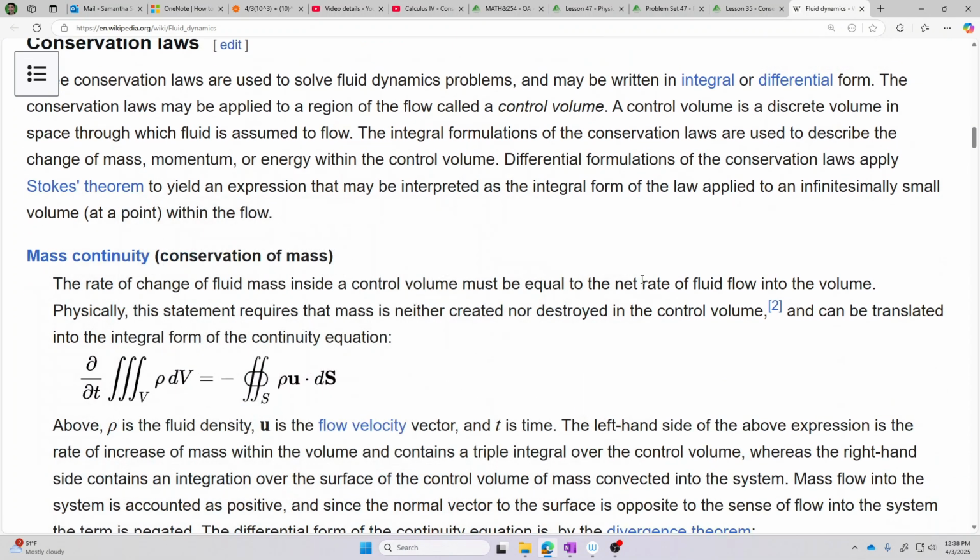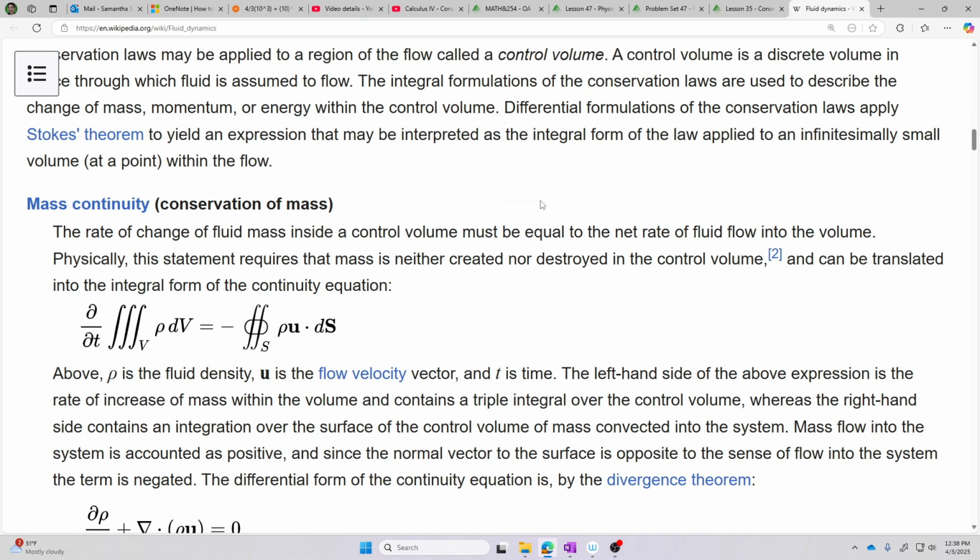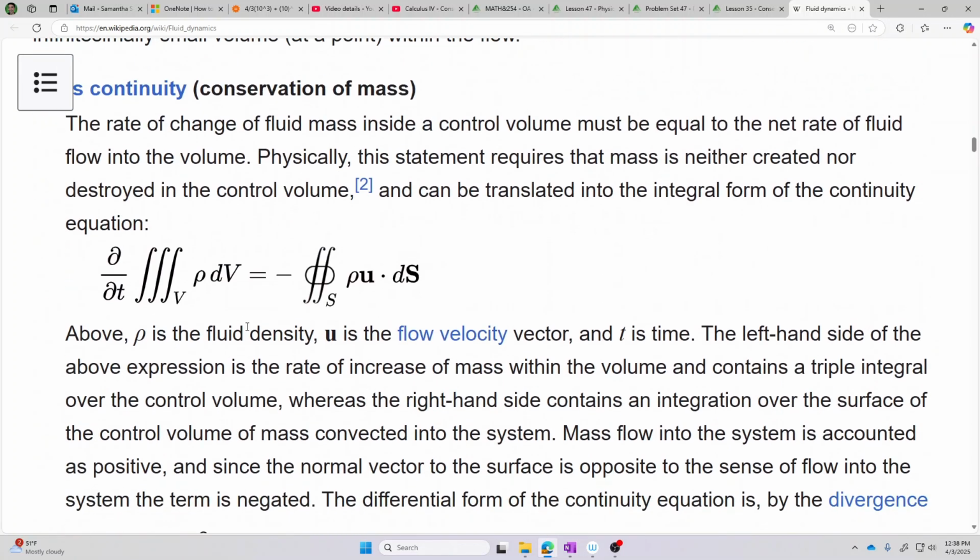I love showing this equation to students at the end of Calculus 4 because it contains so many of the ideas that we have studied throughout this entire class. Have a look at this, folks. So in this equation, we have a certain volume, a certain three-dimensional space, which is being called V.